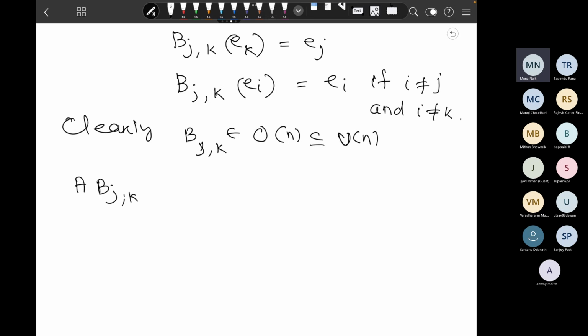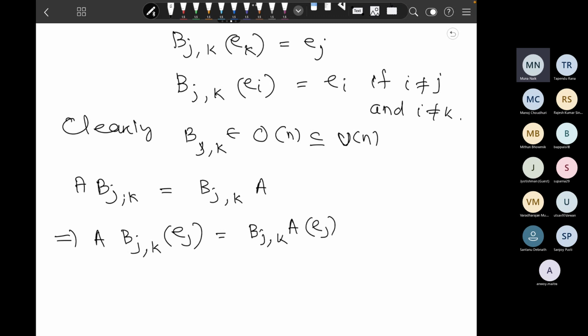A, which belongs to the center, is equal to Bj comma K A. This implies A Bj comma K Ej is equal to Bj comma K A Ej. And this is what?